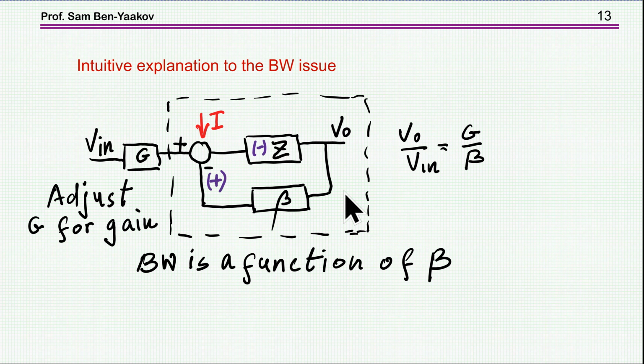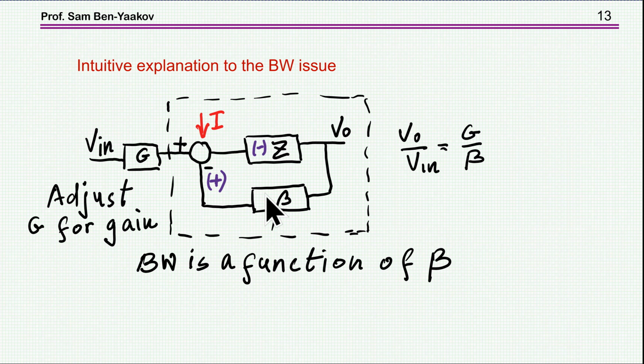Now beta is affecting the bandwidth. This is a regular feedback system, and we know that in this feedback system, no matter how it is realized, the gain bandwidth is constant. Here it is. Now, however, we have another degree of freedom, you might say, with G, which can change the total gain.